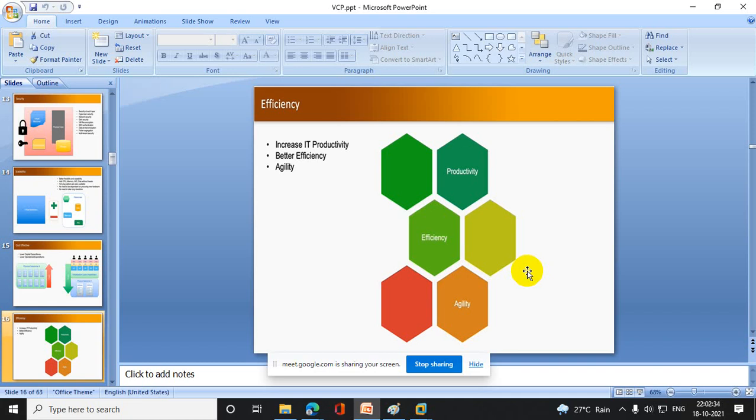Agility means you can take or occupy certain resources from your application server. That means one of these servers, let's say one of the SQL servers, is taking a huge amount of CPU and disk space every day.